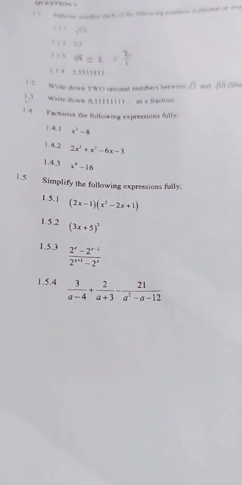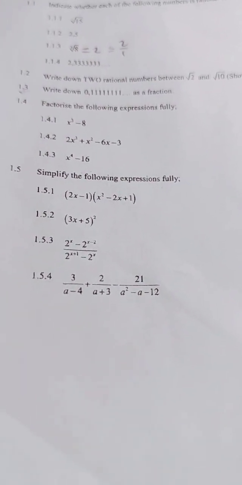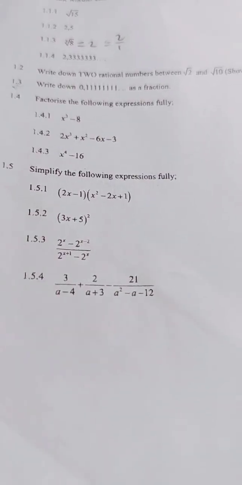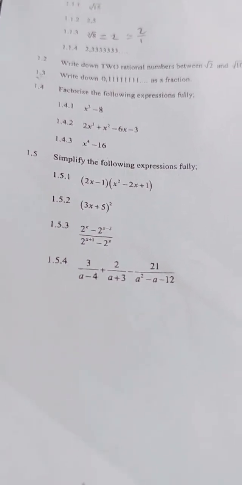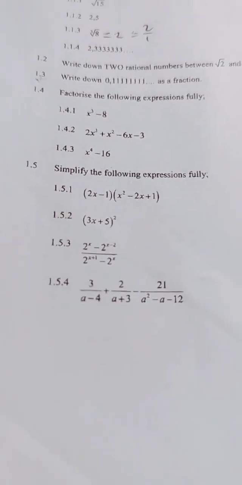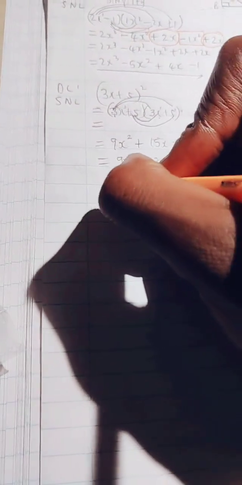We have an exponential expression that we need to simplify there, 1.5.3. I'm hoping that we've done exponents at school. So here we have a 2 to the power x. Let's write it down. Simplify 2 to the power x minus 2 to the power x minus 2, as an exponent, over 2 to the power x plus 1 minus 2 to the power x.